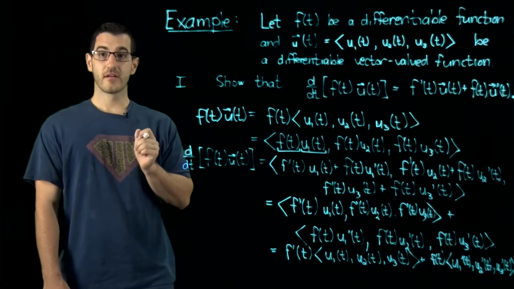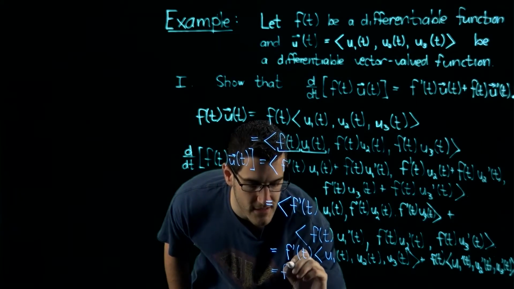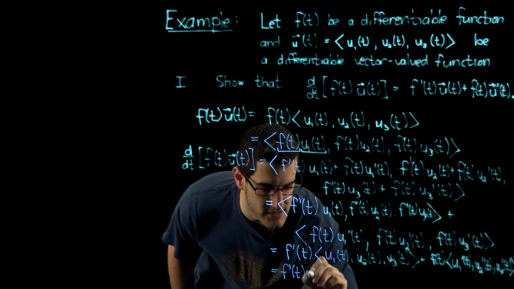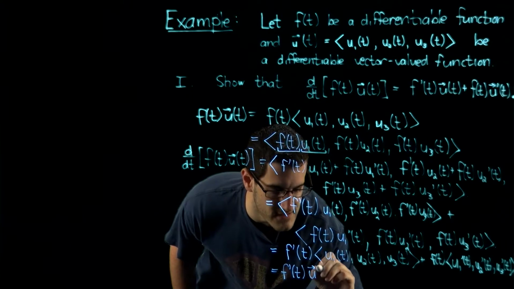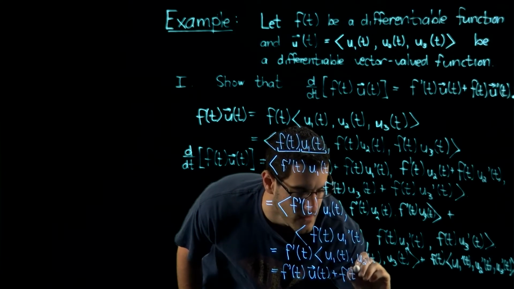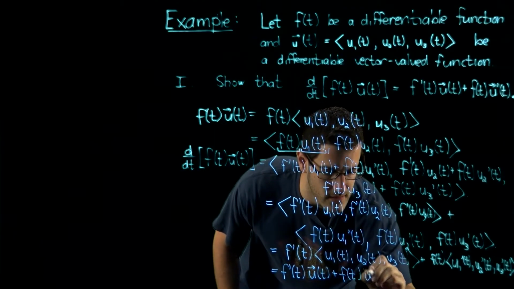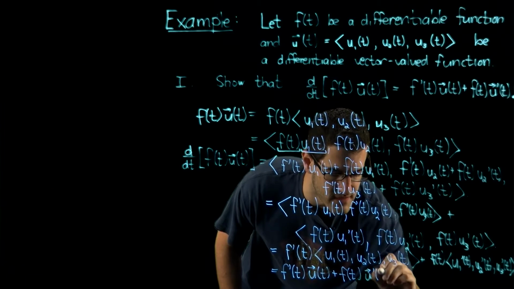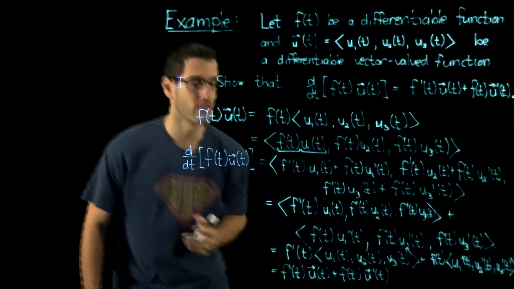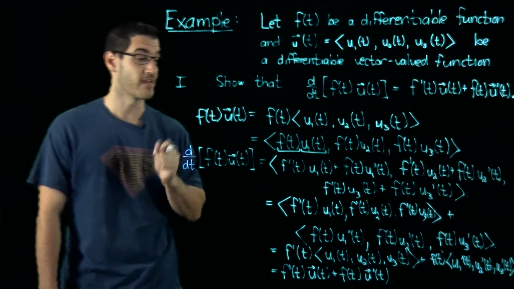So now it should be pretty clear that this rule does indeed work. I can just rewrite this first guy as u of t. The second one, notice that we just have the derivatives of u1, u2, and u3. So this is just u prime of t. And that looks exactly like that product rule that we hoped we had.